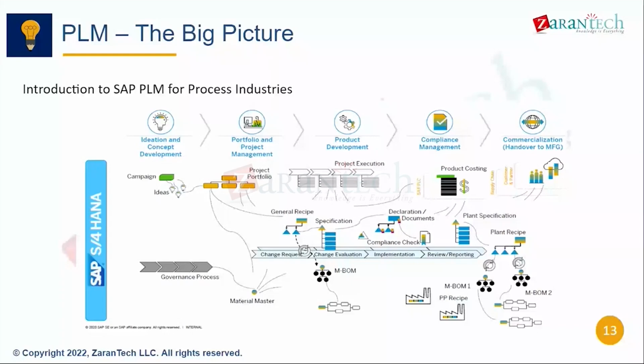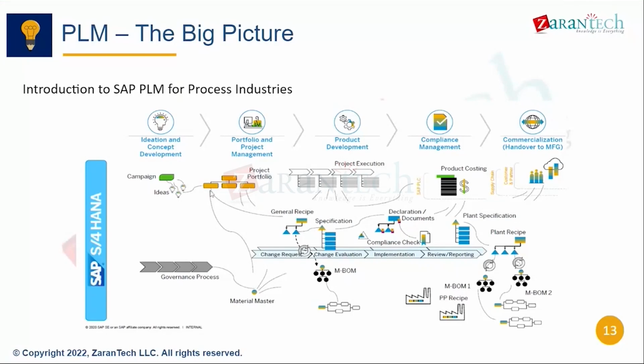But this campaign has to be integrated with a third-party system, or with some other SAP system. It can be integrated, and then different suppliers can bid, they can provide their product or raw materials which they are going to supply, and then it can be seen within SAP PLM. That's why you can see here ideas and campaign. Here they can see, and collaboration can be done.